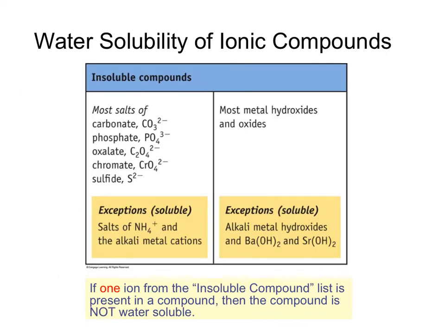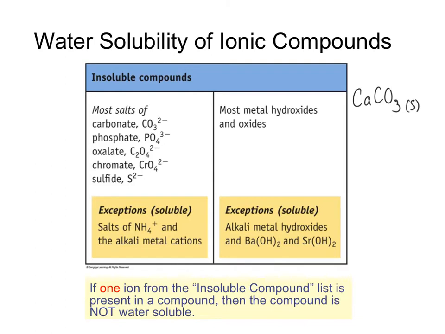Next, we have our list of insoluble compounds. We see here that most of the salts of carbonate, phosphate, oxalate, chromate, and sulfide are not soluble. This means that something like calcium carbonate is not soluble in water. It will remain in its solid form.